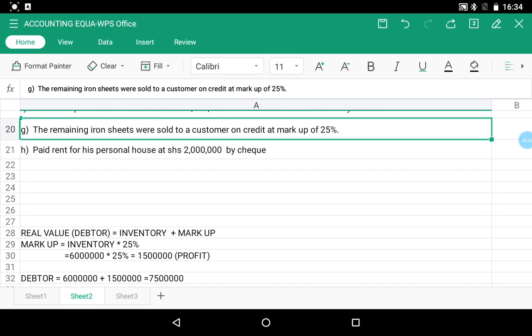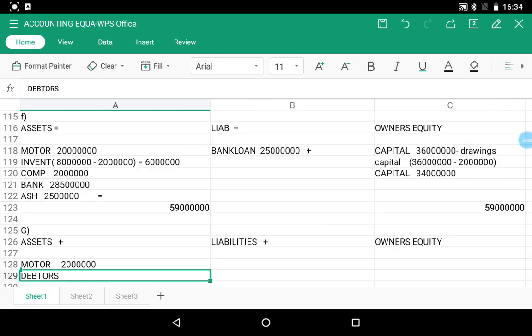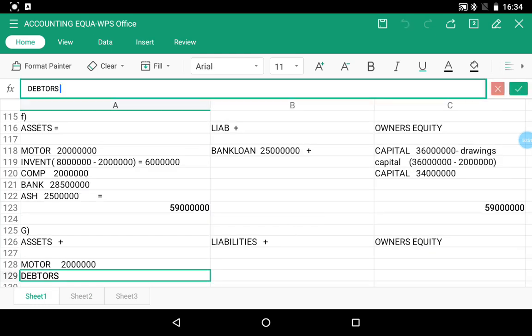And remember I said we have a markup of 25%, which is a profit. So here we are going to record our debtor, which is 7.5 million.